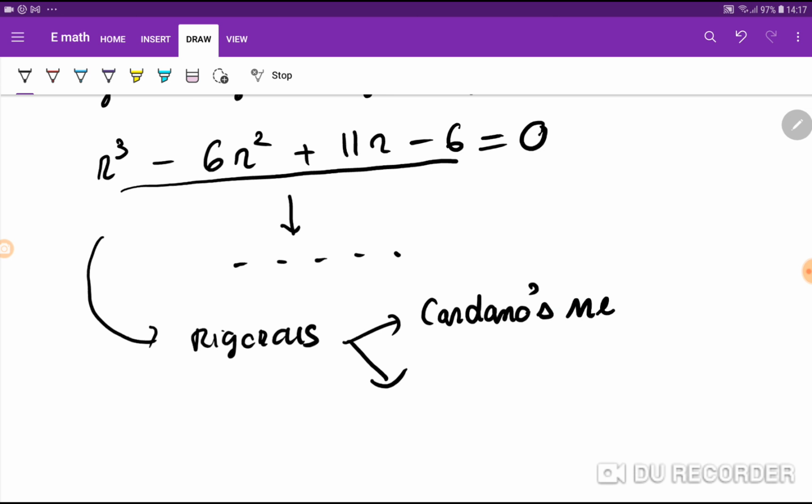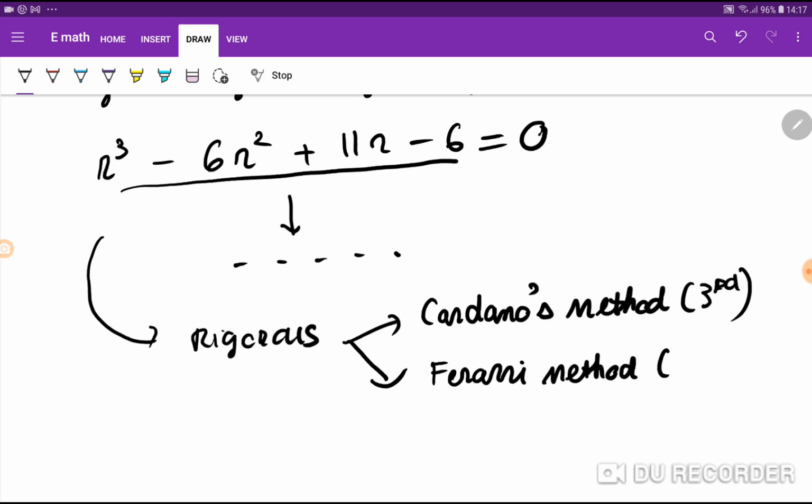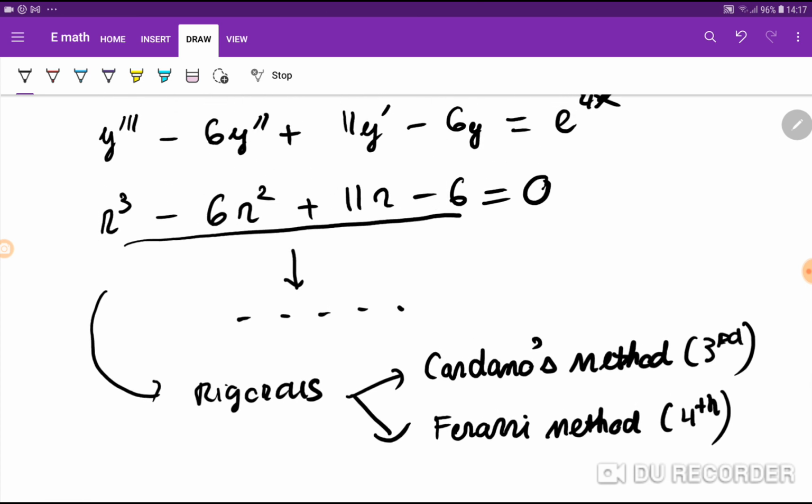Cardano's method, if this is a cubic equation. And I want to do Ferrari's method. Wow, this is like racing. Whenever you do fourth degree, you're racing. What do I mean by this? The Cardano-Ferrari method is the analytical solution. It's very rigorous to solve cubic equations and fourth degree equations.